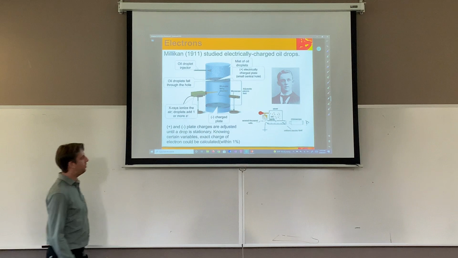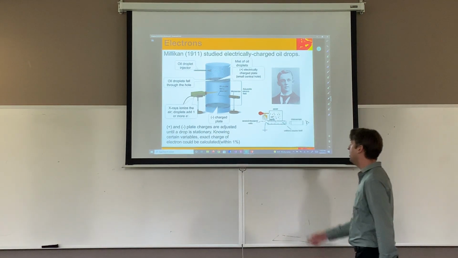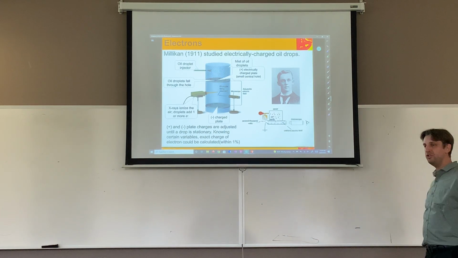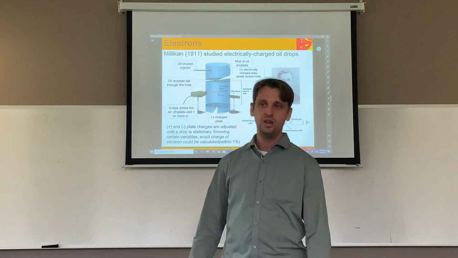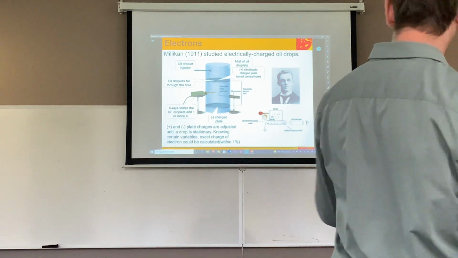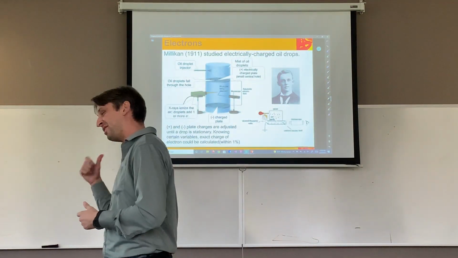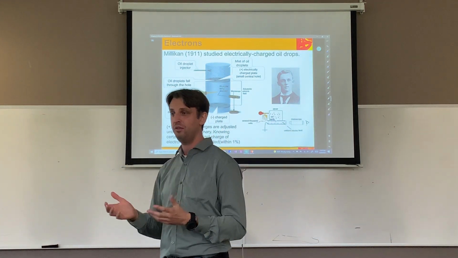Alrighty, we move over to our electrons, our very, very important subatomic particles. In 1911, Millikan developed a pretty ingenious experiment to figure out how electrons exist and to be able to count them. For any of you interested in physics and moving on through advanced physics, this is an experiment that you do in your junior or senior year, so you can actually replicate this in the lab, which I find pretty amazing.